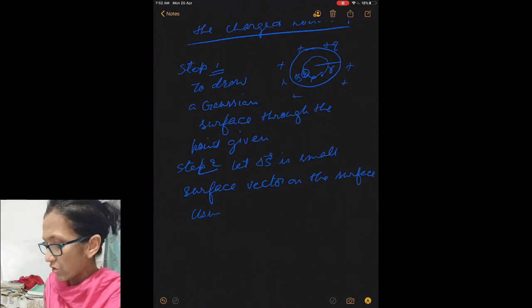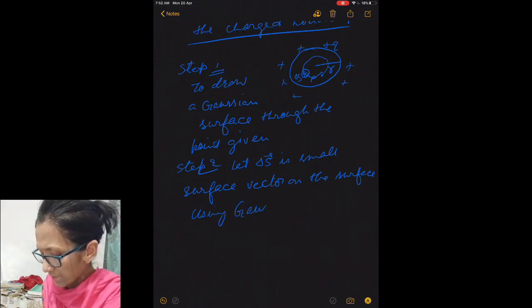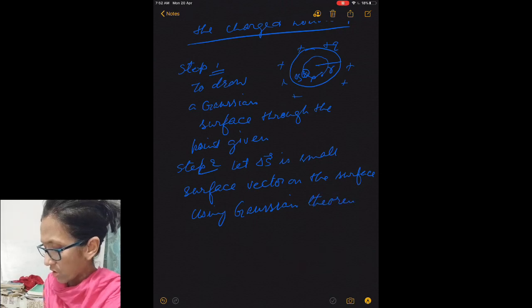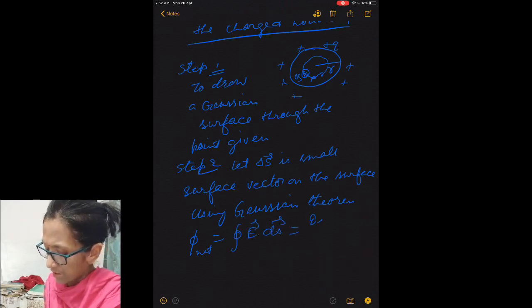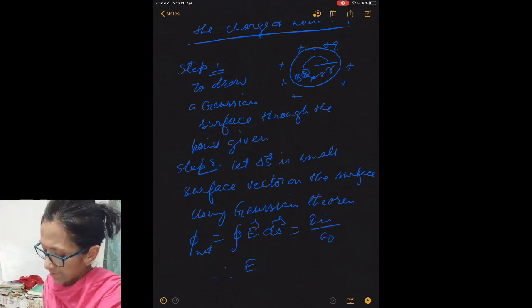Now, according to Gaussian theorem, flux phi net is equal to surface integral of E dot ds, and this is equal to Q enclosed by epsilon naught.